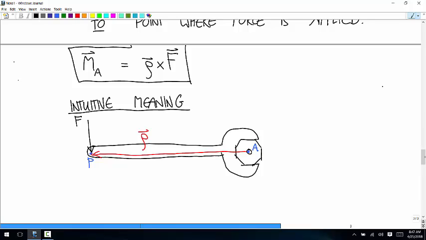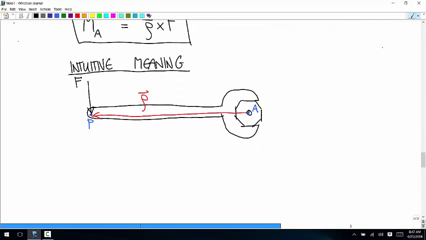So let's think about this definition. Let's think about the moment about A. It is equal to the magnitude of rho times the magnitude of F times the sine of the angle between them. So what's that equal to in this case?